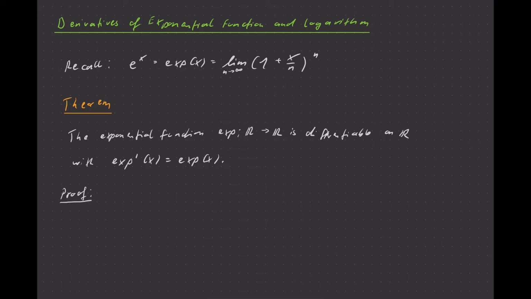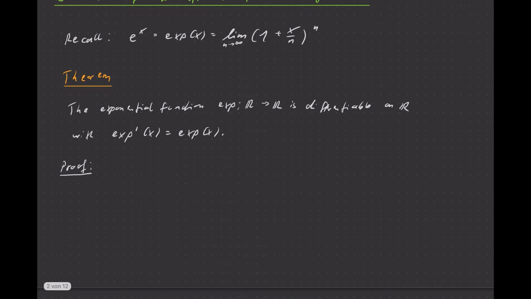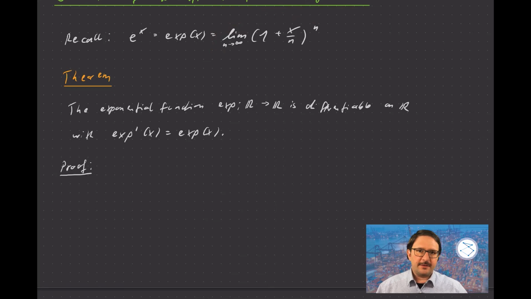Now, the main idea of this proof is to use this definition here and apply the sandwich theorem in a clever way to then be able to derive the necessary limit for the derivative.